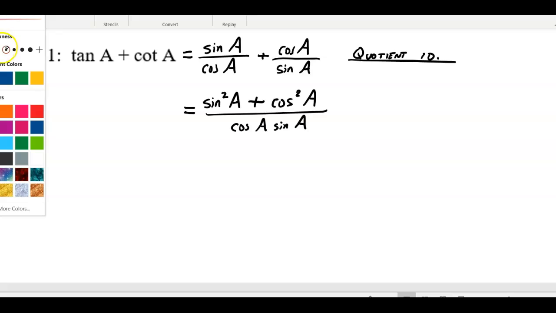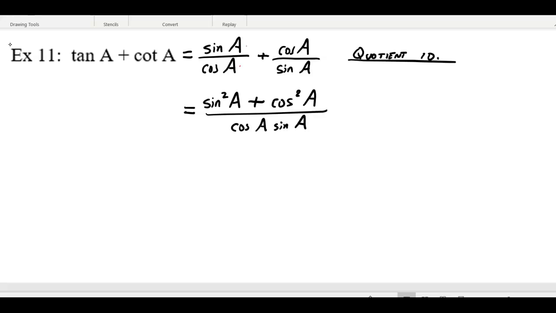Okay, and I'll squeeze it in really lightly. So here's what it is. I know I have cosine of A. I need sine of A. So I'm going to multiply sine of A here over sine of A. So I need to introduce that.